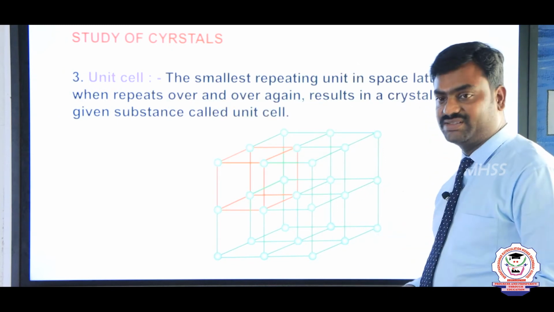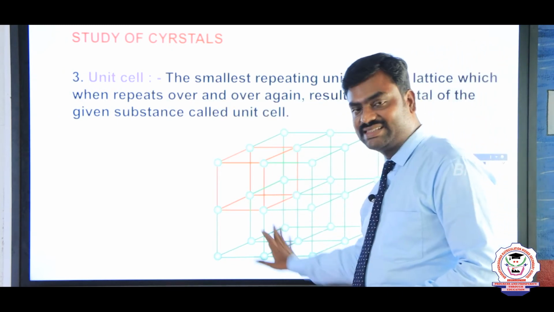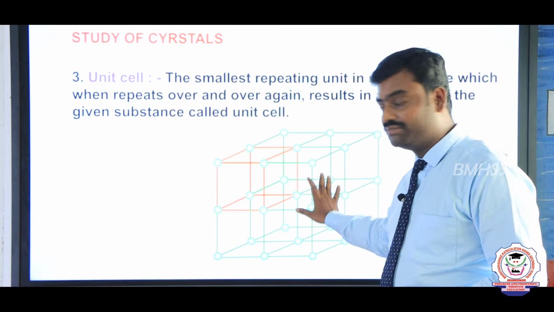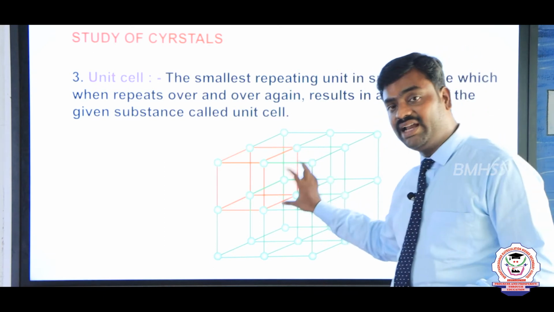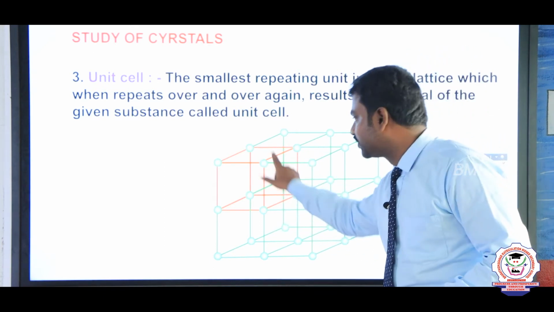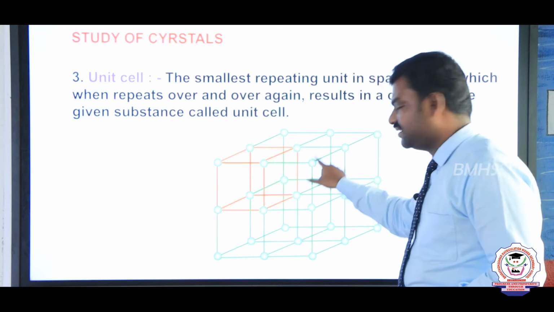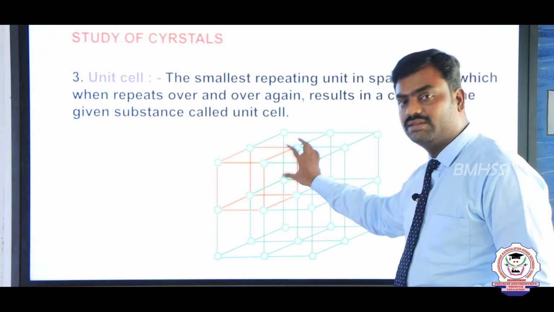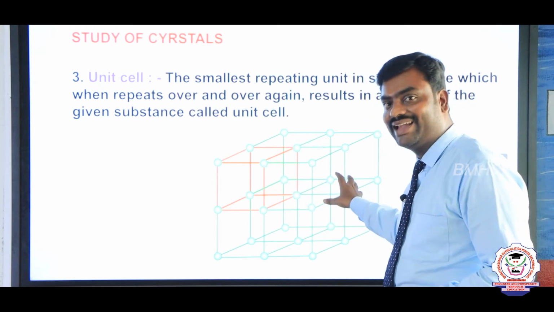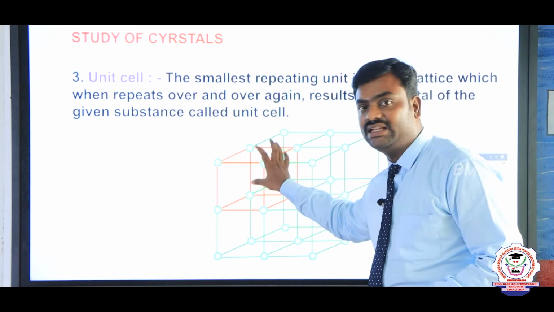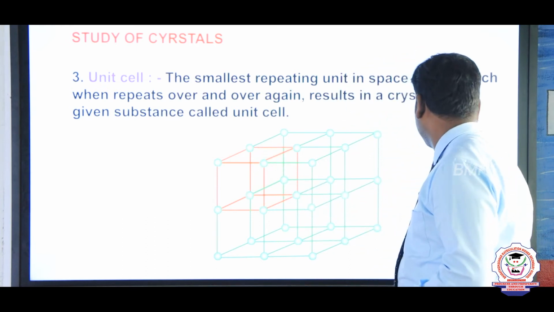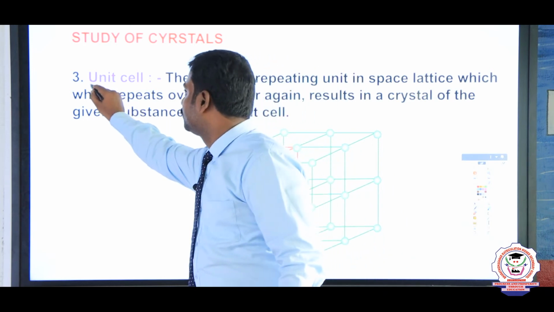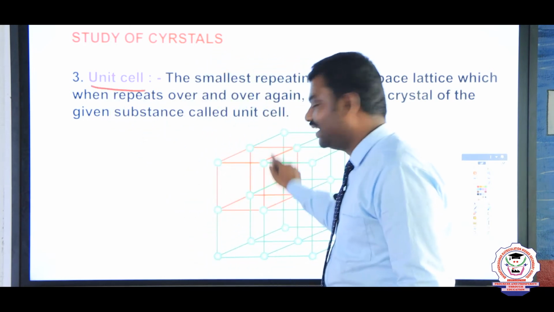The next one, unit cell. See, this is a perfect example for a space lattice. But here, see, there is a repeating pattern. What is it? This cube. You can see eight, the same cube repeating again and again. So the repeating unit is known as unit cell. So here this is the unit cell.